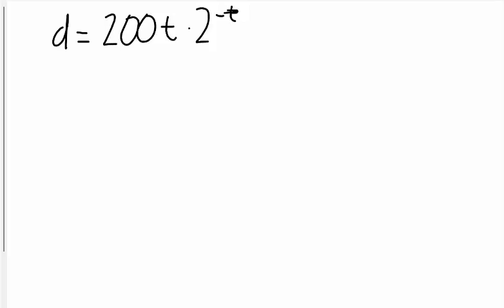So we could solve this for d of 1. D equals 200 times 2 to the negative 1.